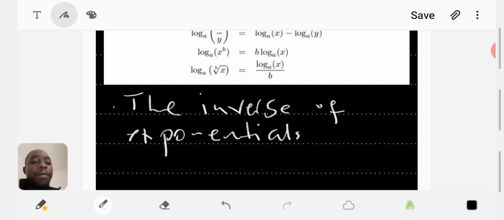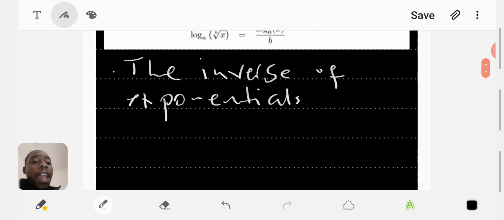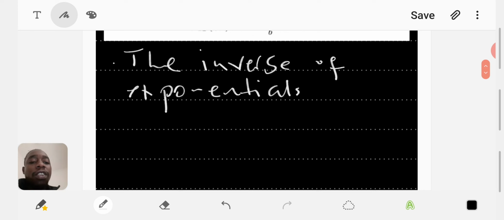The inverse of exponentials. So what are exponentials or exponents? Exponents are just when we have a number, let's say n, that has to multiply itself 4 times.